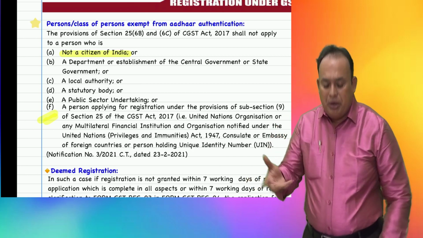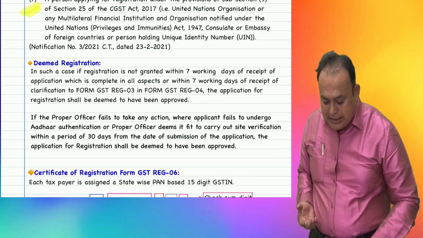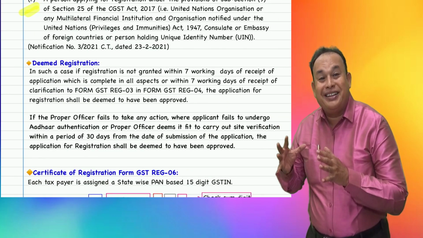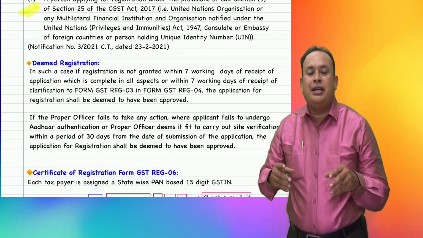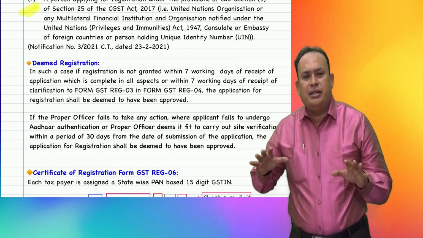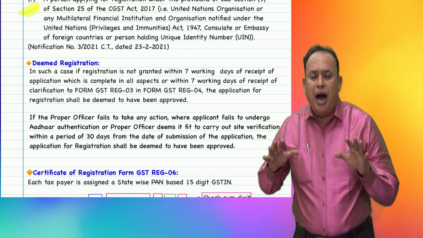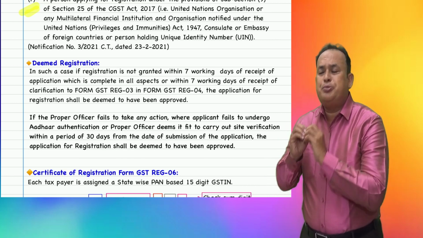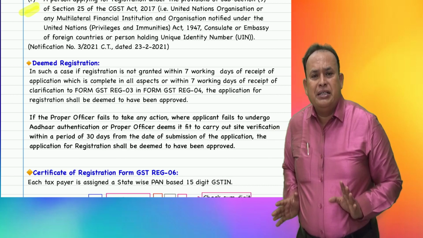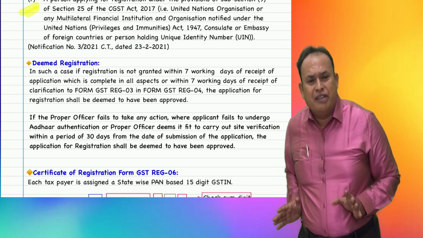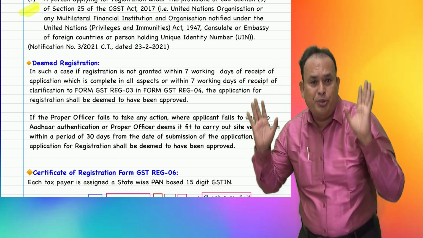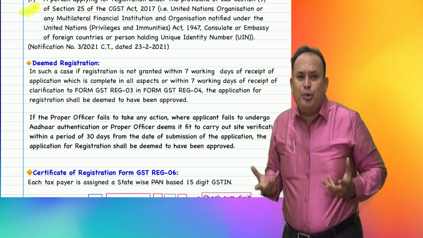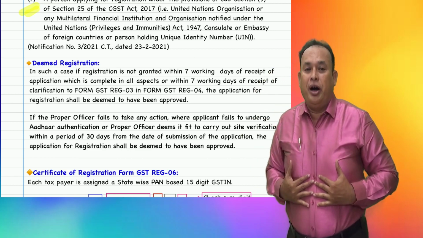Finally, I am referring here to deemed registration under the process of registration. What is deemed registration? Sir, everything is in order. My GST REG-01 application for registration is perfect in all aspects, properly submitted, all information correctly given, and Aadhaar authentication has also taken place. I am not a risky taxpayer, I am a genuine, honest Indian taxpayer.